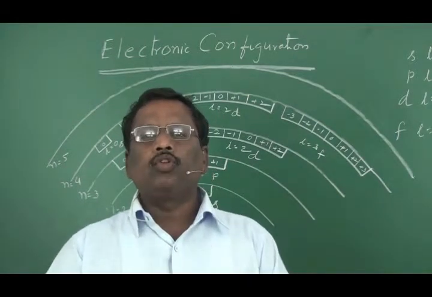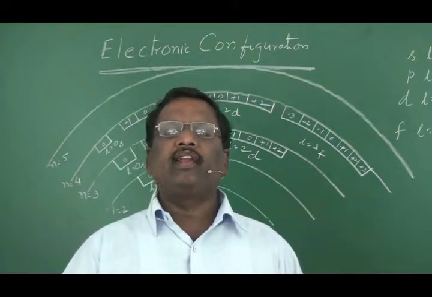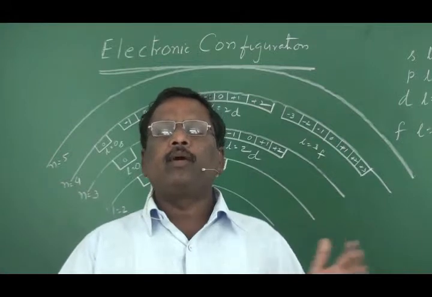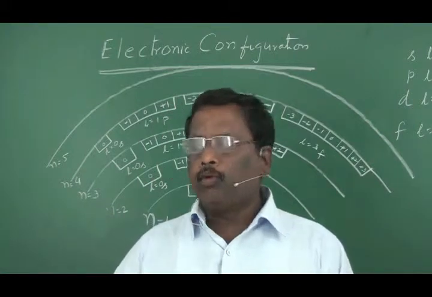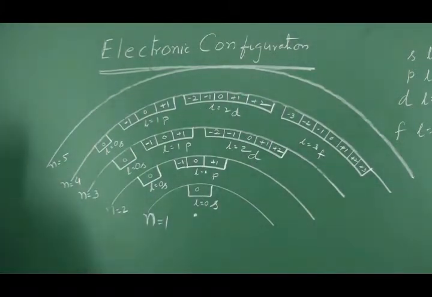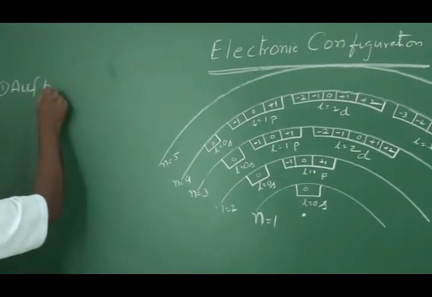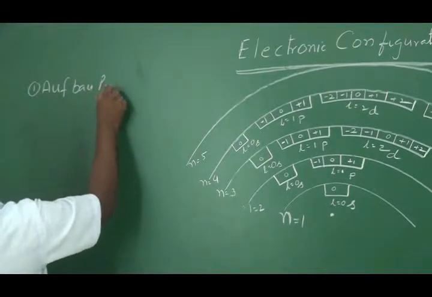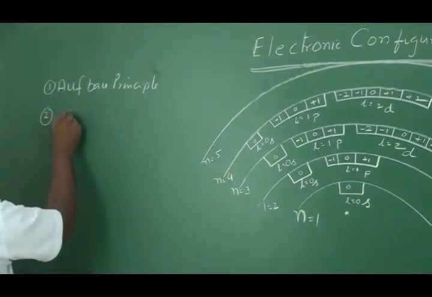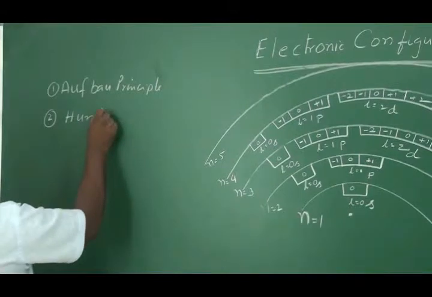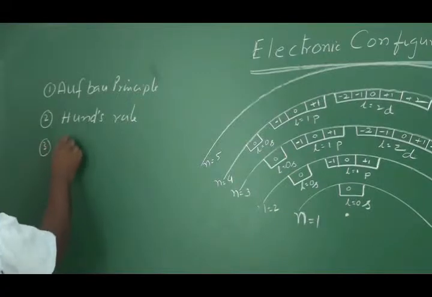Now let us discuss those rules which guide the filling up of electrons. Those rules are: number 1 is Aufbau principle, number 2, Hund's rule, number 3, Pauli's principle.